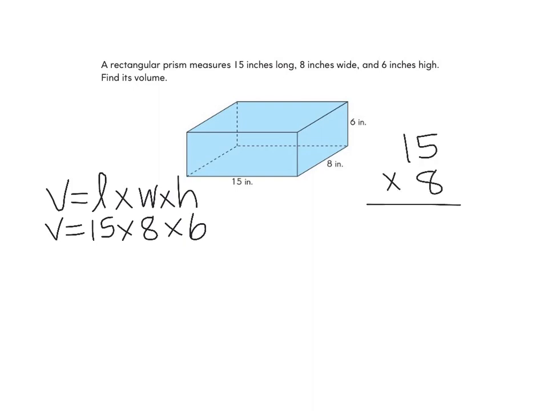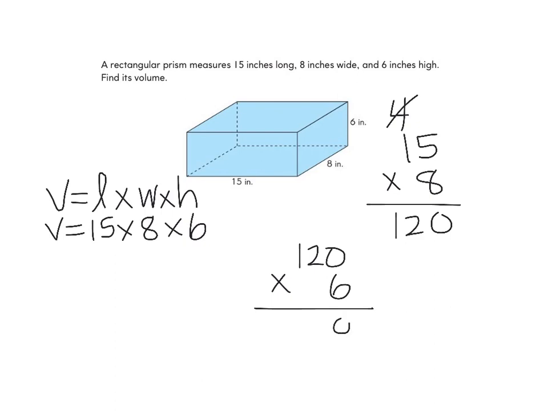So we'll start by multiplying 15 times 8, which is 120, and then now we'll take 120 and multiply that by 6. So I got a value of 720.